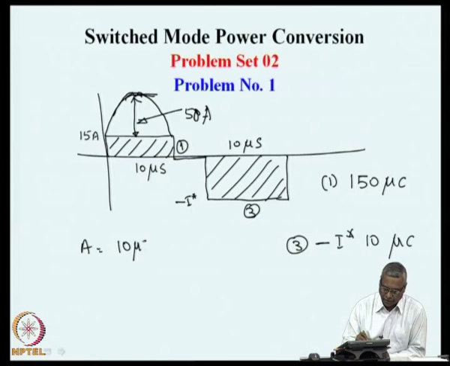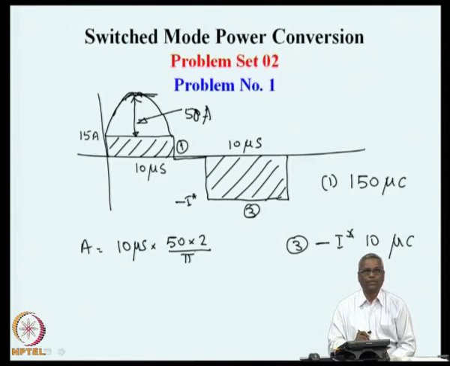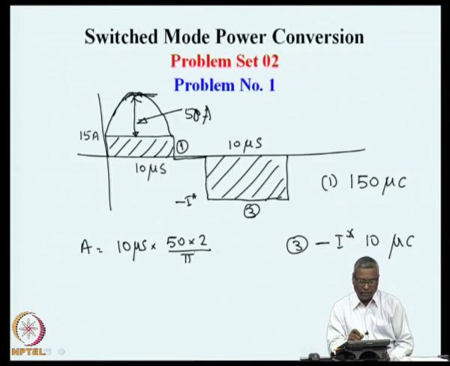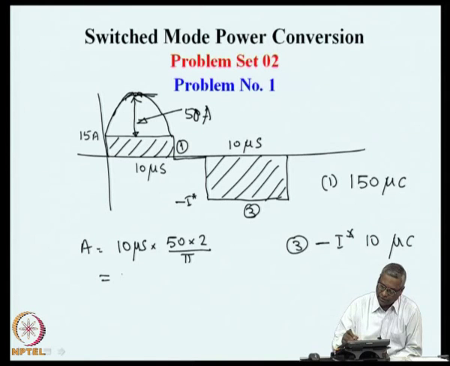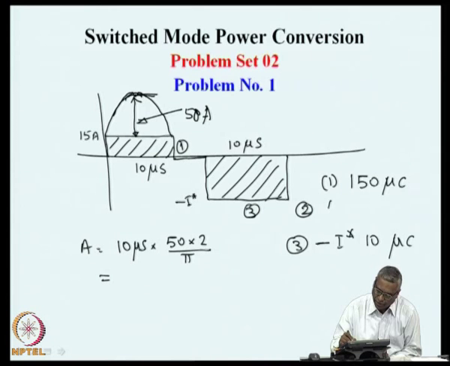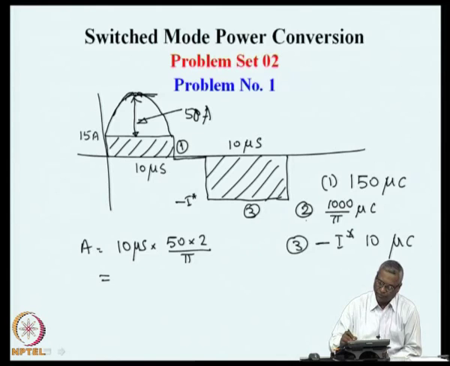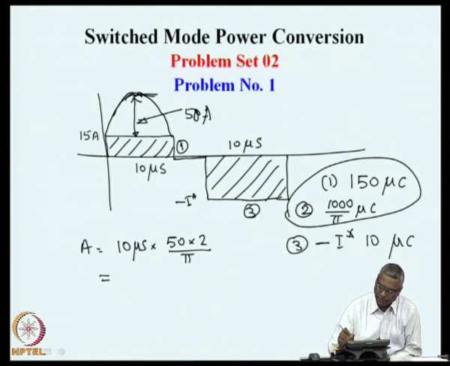Time is 10 microsecond multiplied by the average of a half sinusoid, which is 50 into 2 divided by pi. For a half sinusoid, the average is the peak multiplied by 2 by pi. So this is our second area, which can be written as 1000 by pi microcoulomb.